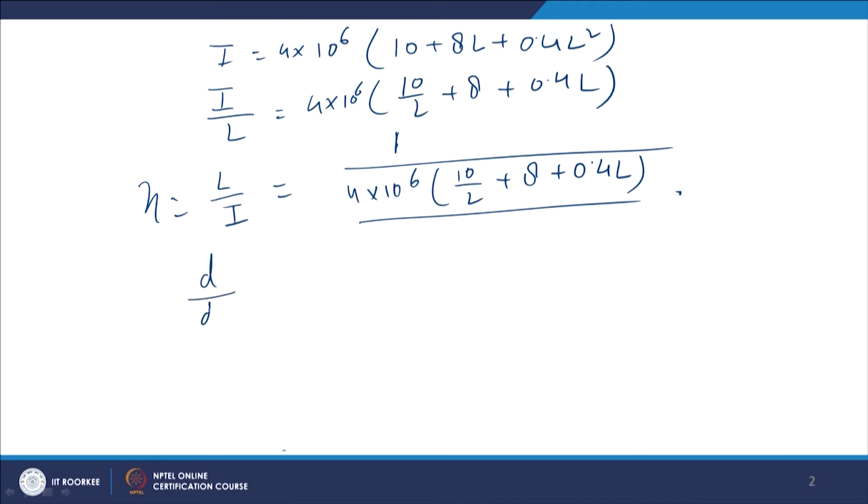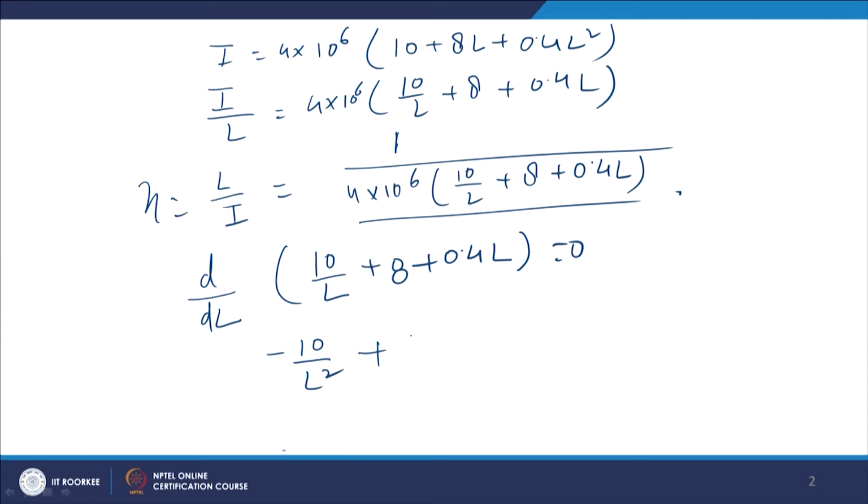d by dL of 10 by L plus 8 plus 0.4 L. Now, when we differentiate, 10 by L becomes minus 10 by L square. 8 is a constant, so it will be 0, plus 0.4, is equal to 0.